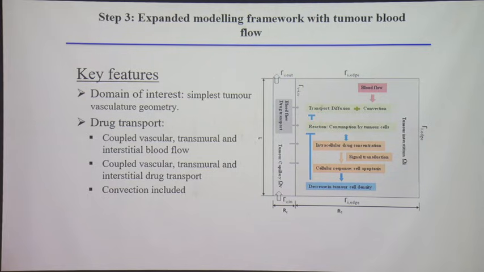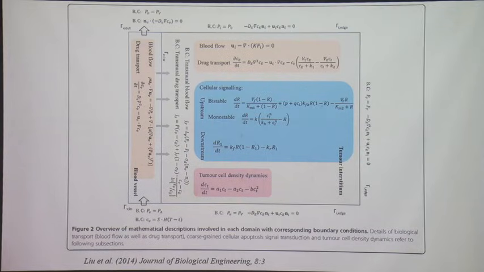Right, and so that was the basic model, which does not account for convection. So later on, we extended the model to include the convective effect, and that obviously involves a lot of these equations for different regions, but still for this very simple tumor cord geometry, just to account for the convective effect.